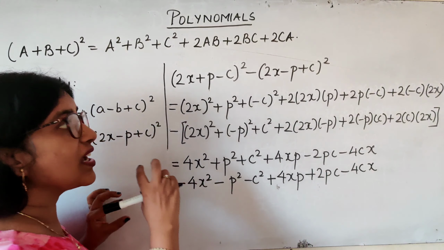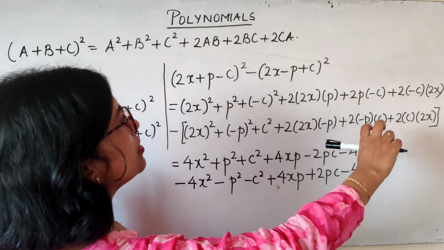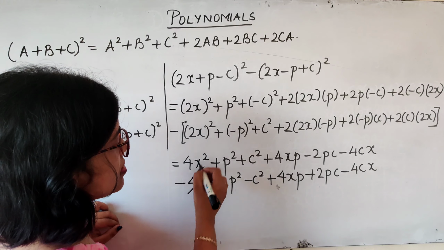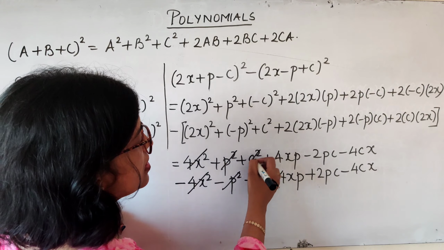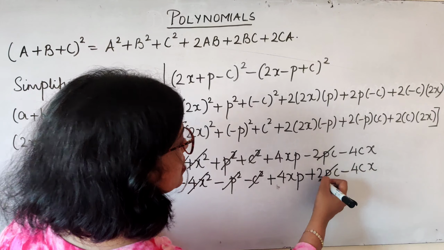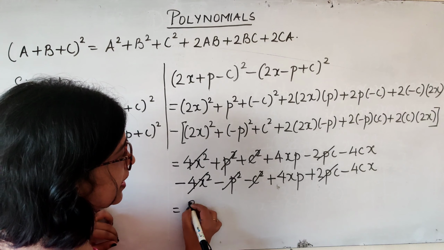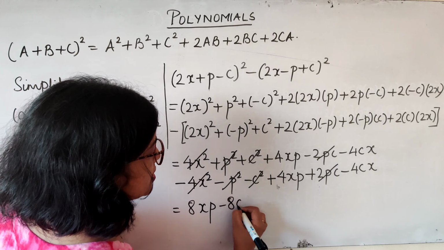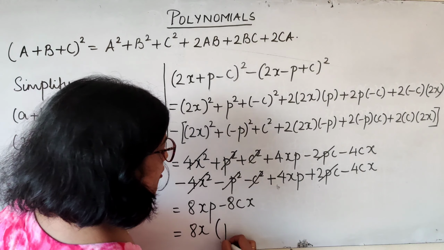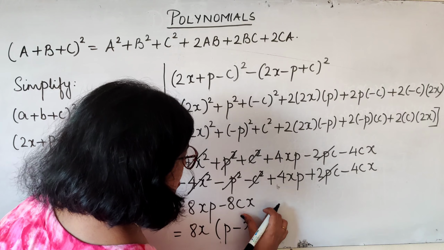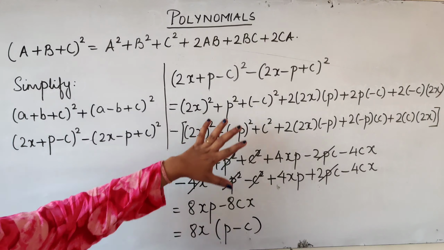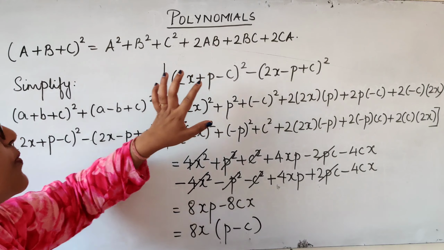So we see, that's why we have written the first expansion in the first line and the second expansion in the second line, so that the simplification becomes quite easy. Okay, this gets cancelled. So we are left with 8xp minus 8cx. If we write 8x common, we have p minus c. So this is the simplified form of the expansion of this term.